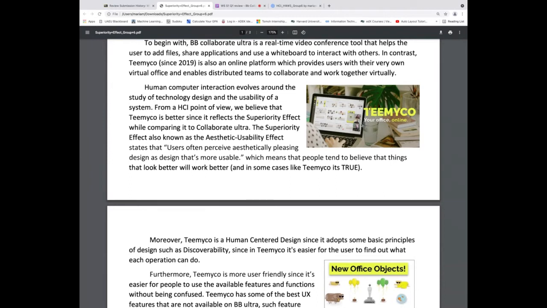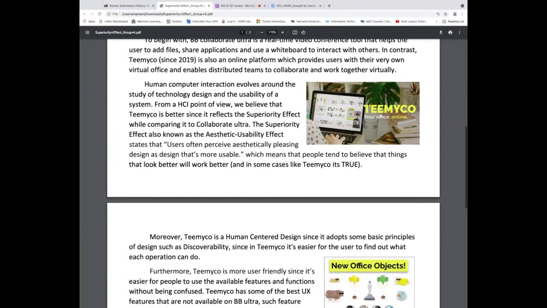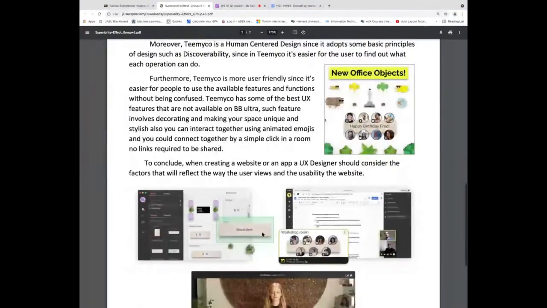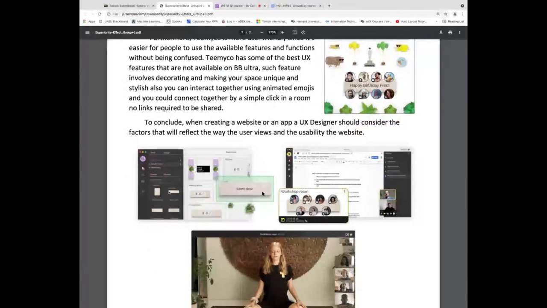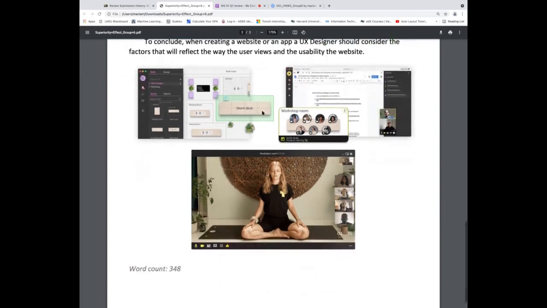For example, teemyco uses many colors, many emojis, and many stickers, which makes it easy for the user to interact. They have office rooms which you can create using stickers, and the users can move in and out of the room without sharing any link with other users. They also have a meditation room, which is something good.